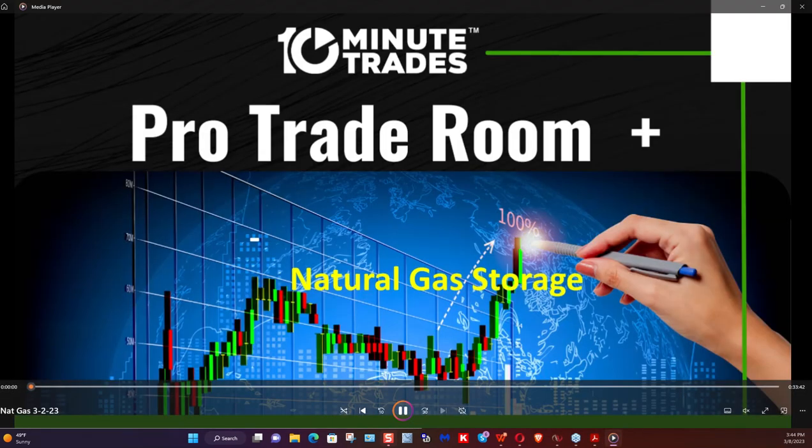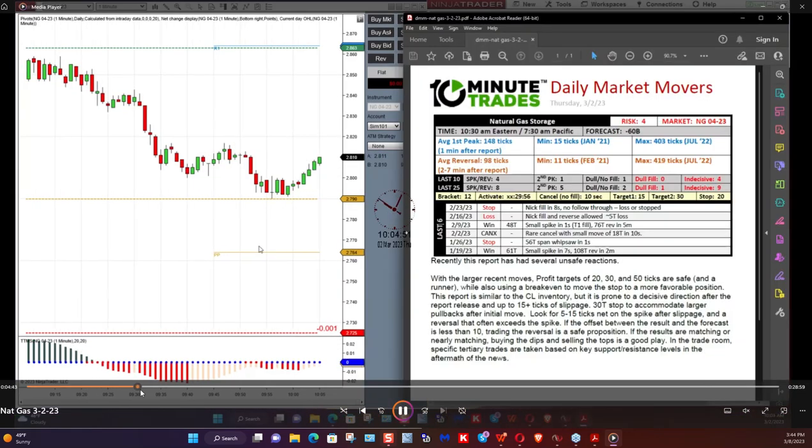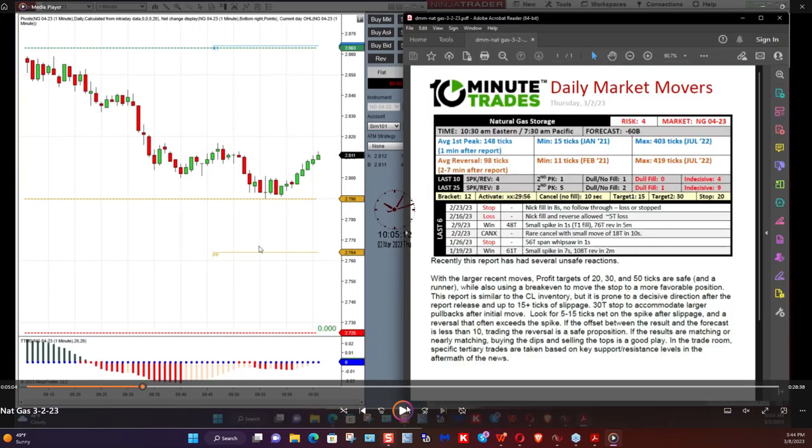But when you're trading one contract, so you have a natural gas DMM, where are you going to put your target? We have a target of 15 ticks and a target of 30 ticks. Where are you going to put your target if you trade one position?